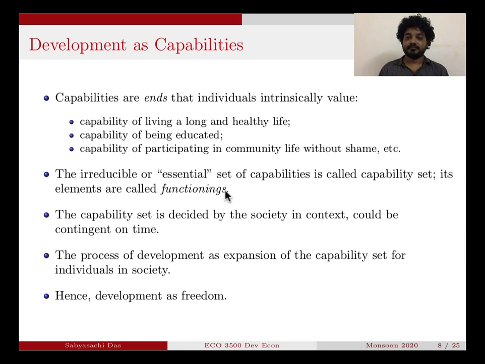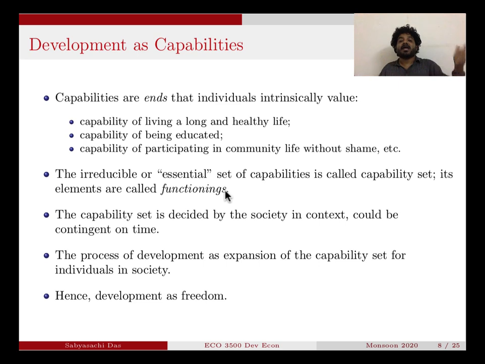Okay? So Sen says that we should have an irreducible or essential set of capabilities. You can have a long list of capabilities. To what extent the list is long depends on how collectively in society we decide what things are intrinsically valuable to live a full life.